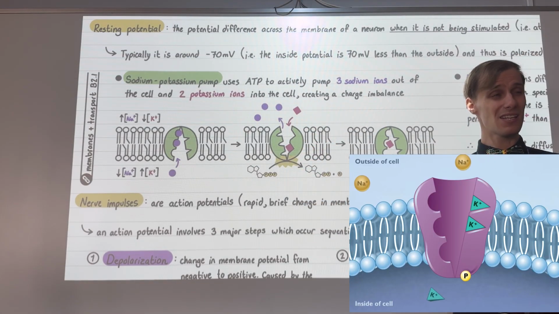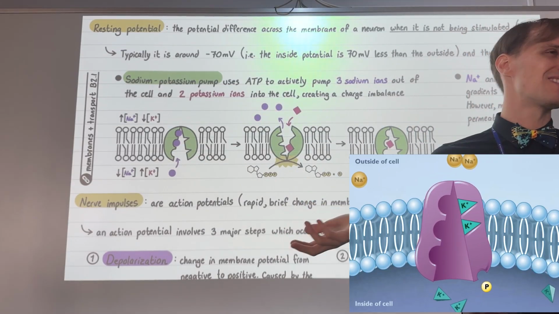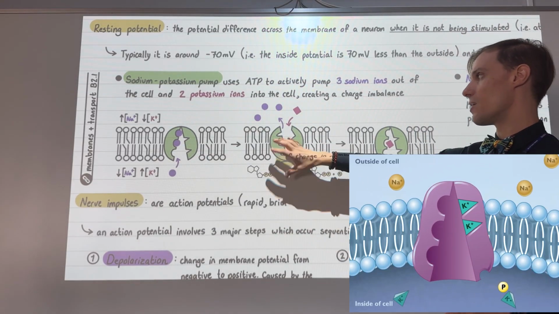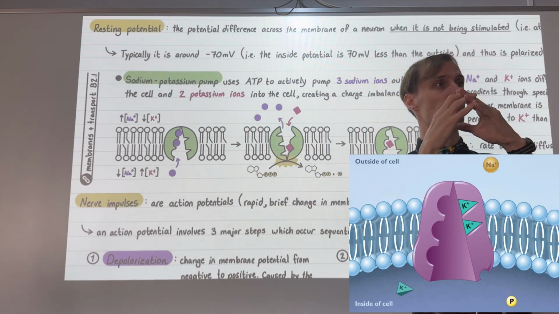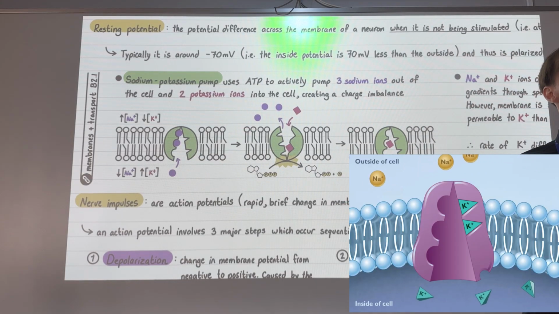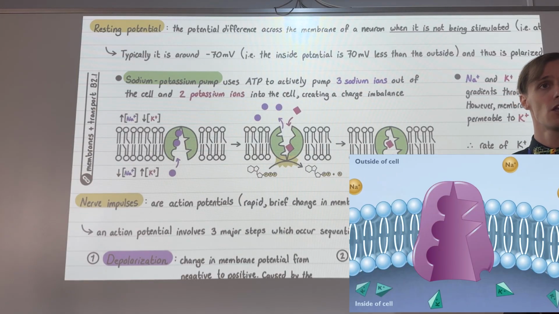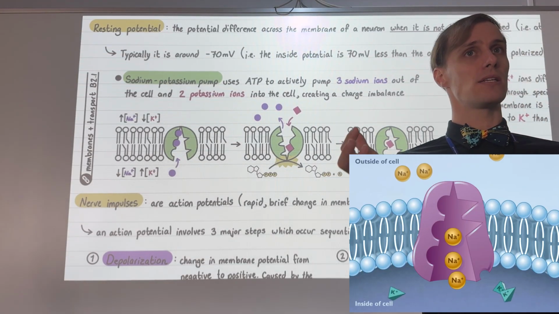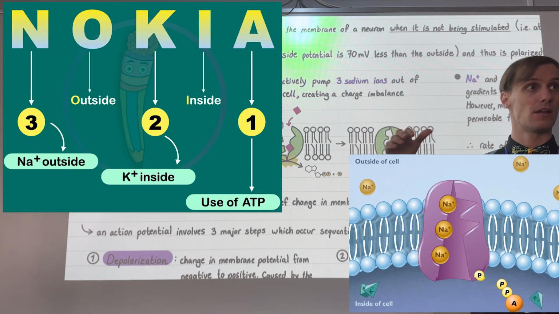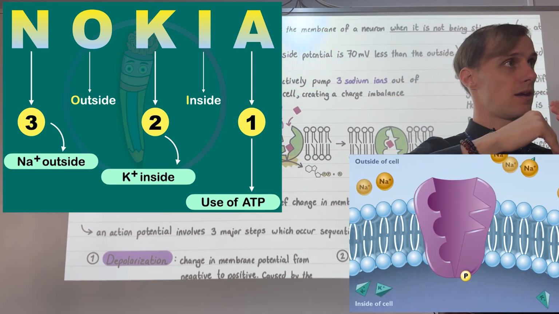And then, basically, this inorganic phosphate unbinds. SL students don't necessarily need to know that detail. But this is going to resume its original protein conformation. And now 2 potassiums have entered again against their concentration gradient. So the action of the sodium-potassium pump has moved 3 sodium out, 2 potassium in.